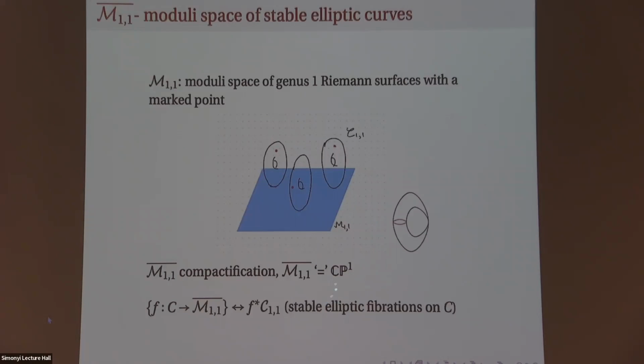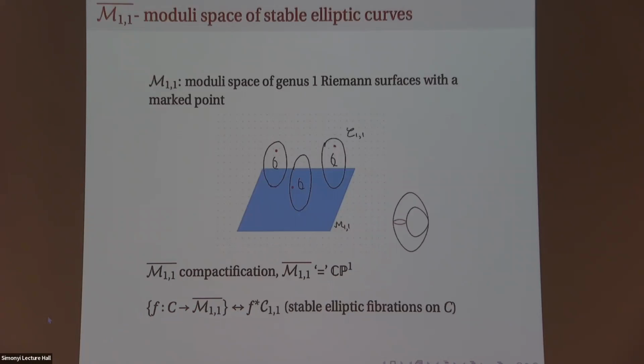If you don't know what that is, think of CP1, that's fine. And now a map from a genus g curve C to M11 bar will determine a stable elliptic fibration on this genus g curve, right?